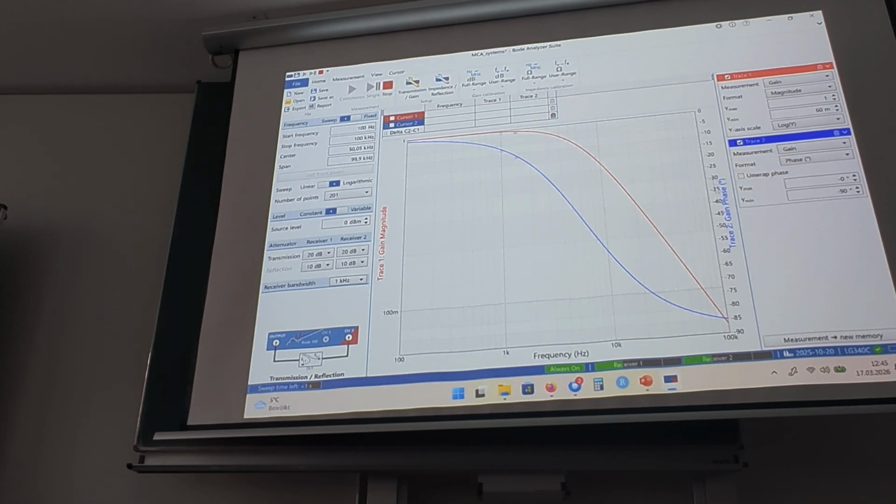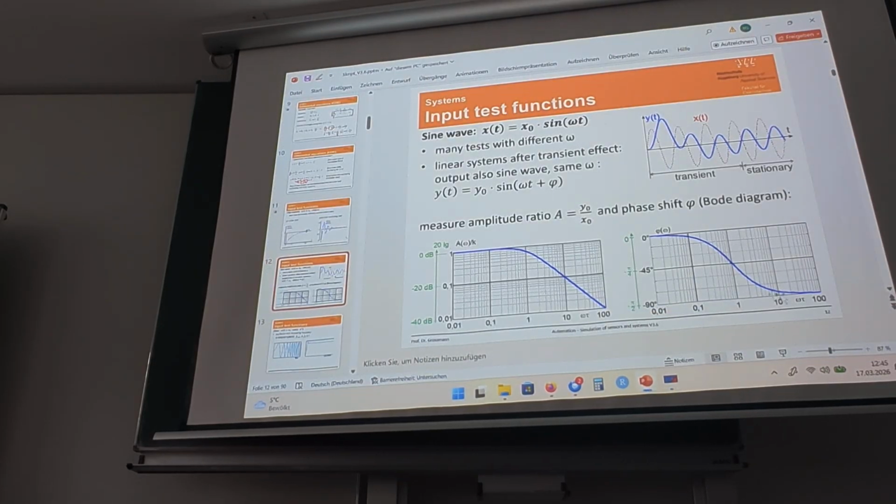So this is the axis for the phase. It starts with 0. It means for really small frequencies, we have no phase, no time shift between AC voltages at the input and the output. And for high frequencies, we go up to approximately minus 90 degrees. So it's really just like the prediction showed. That's typical for measurements of first order systems.